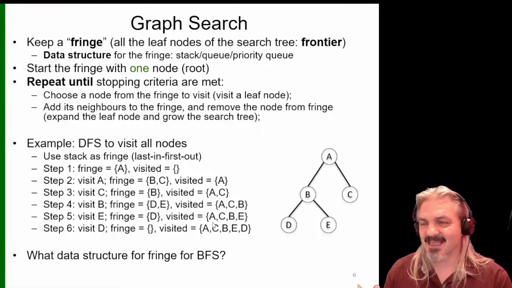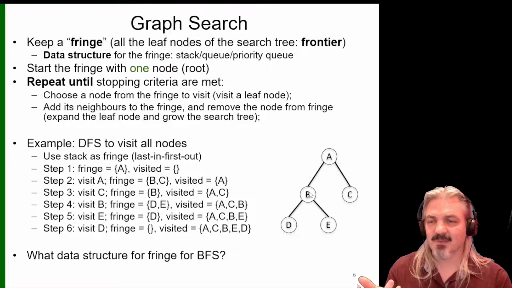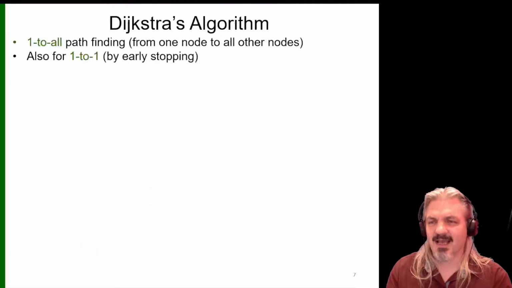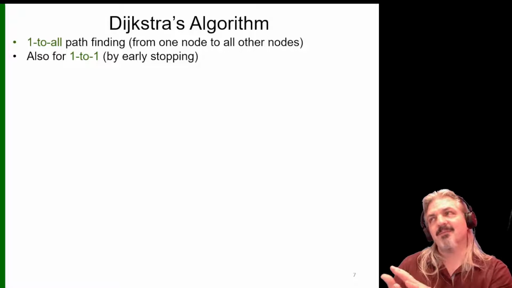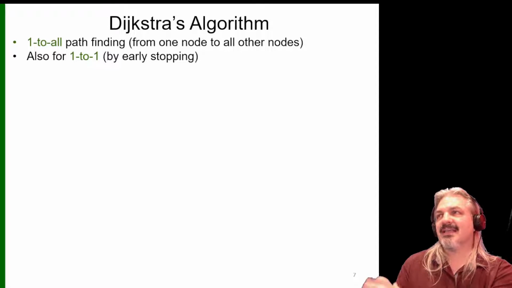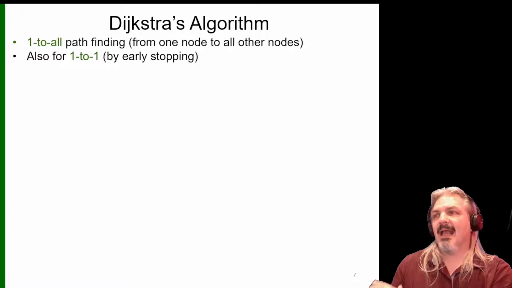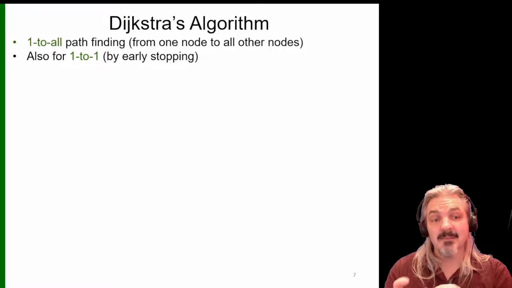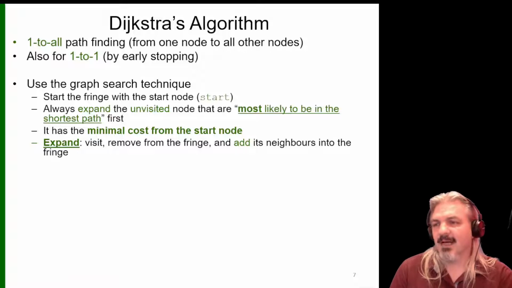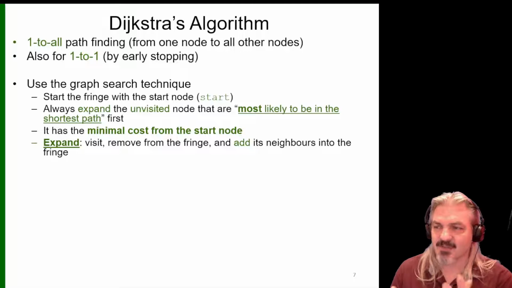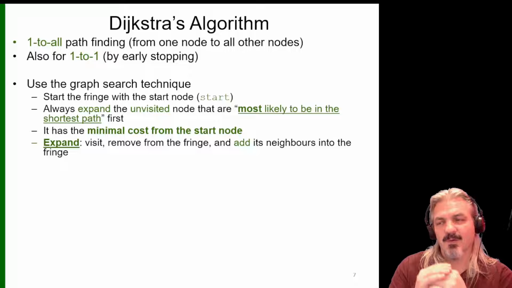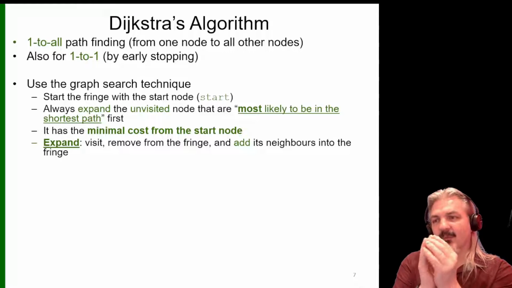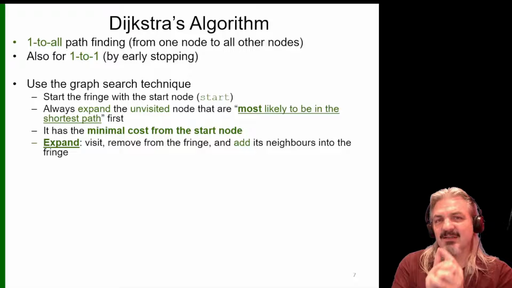The best you could potentially do is say, well, I'll store some parent information, and it would be harder. So how do we store that parent information of how did I get to where I am, and how do I know that the way I've got to where I am is the minimum it could be? Well, we use a graph search technique, and again we start with the fringe being the start, and we always expand the unvisited node.